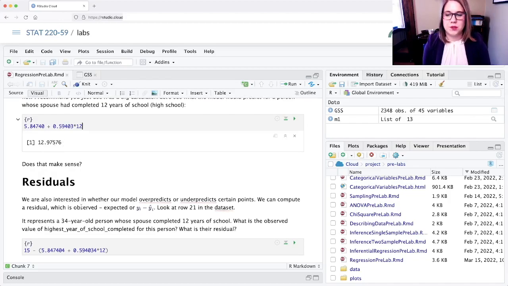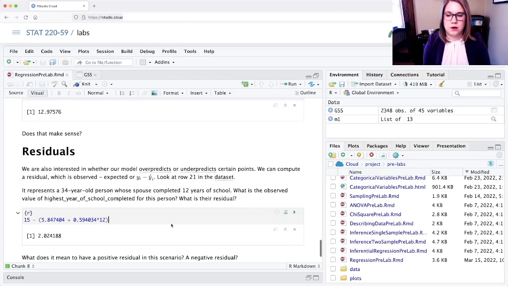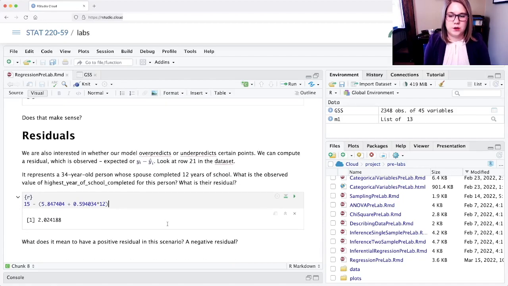If we wanted to do the observed minus expected, we'd say, okay, we observed in the real data that they went to 15 years of school. They did like 3 years of college. And our expected value, our predicted value, is all this stuff. If I do that subtraction, okay, so 2.02 years.